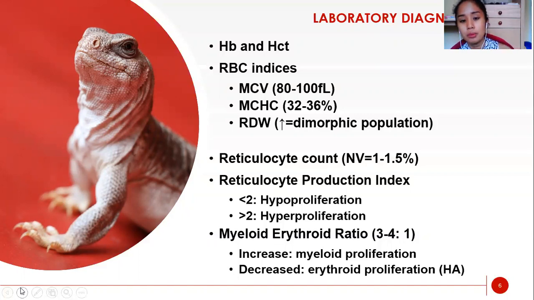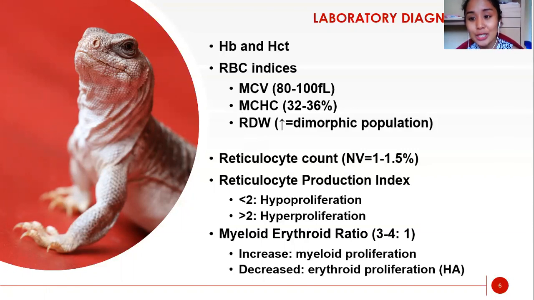Next, class, let's talk about RDW, or red blood cell distribution width. The RDW is very important because it tells if there are variations in the sizes, so it is a sign of anisocytosis.